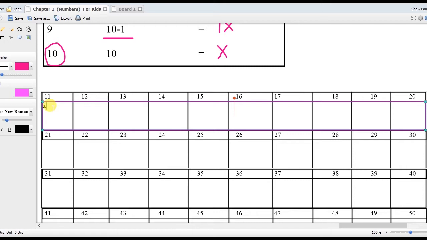So for 10 I have written X, and for 1 I'm just going to write I. Let me just write it this way, right?